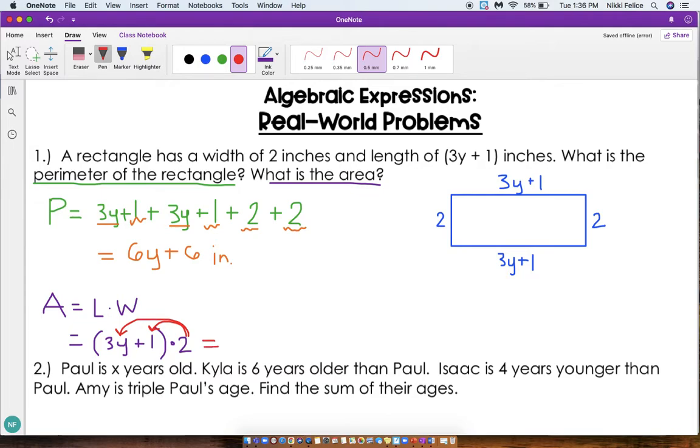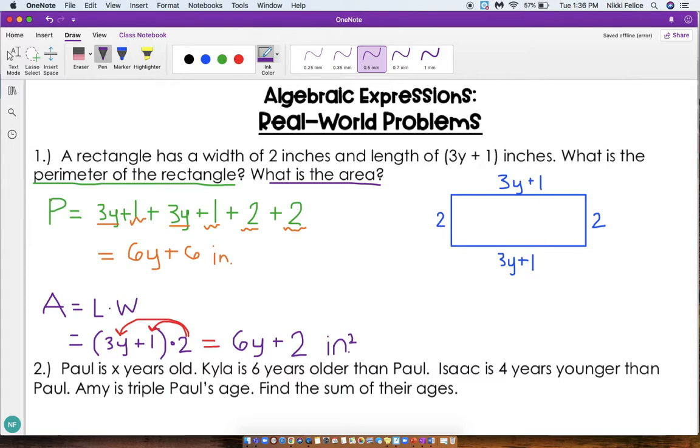And when we do that, we are going to get, let's start with the first one. 2 times the 3y is 6y. And 2 times 1 is 2. So the area of this rectangle is 6y plus 2 inches squared. Don't forget to label your answer. 6y plus 2 inches squared.